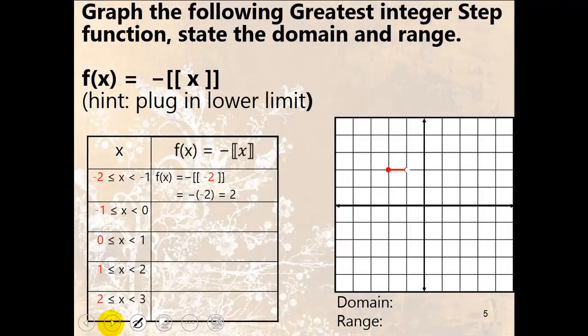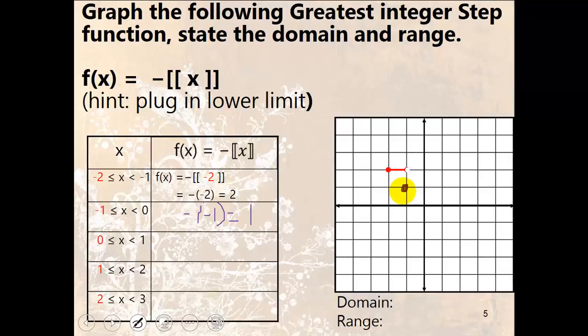We can also do it with a negative in the front. So watch what happens when we plug these in. If I plug in a -1, I'm going to get the opposite of -1, which is 1. So when x is -1, it's closed at 1.